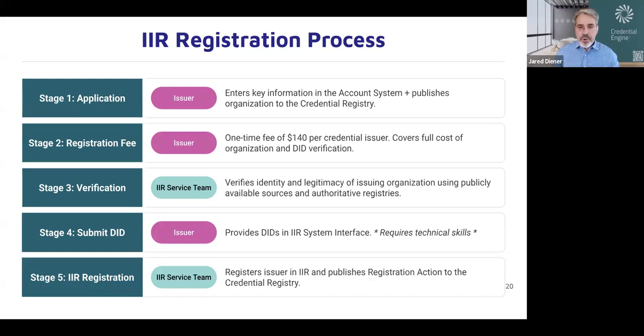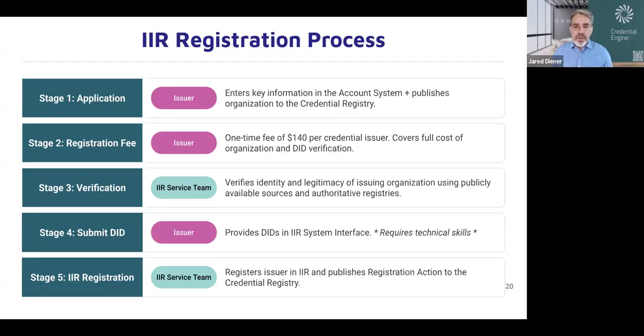So after stage two, we move to the verification step. And at this stage, the IIR service team will verify the information that has been submitted by the organization against publicly available sources and authoritative registries.